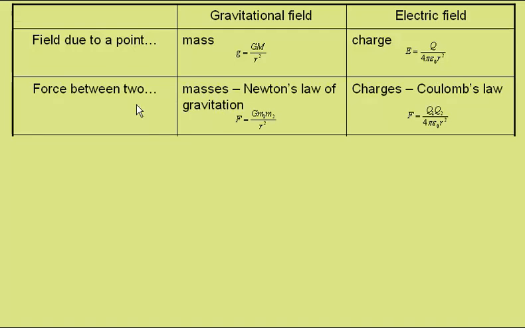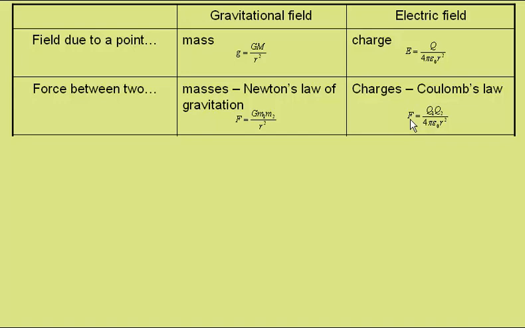Next, the force between two masses, which is given by Newton's universal law of gravitation. The force F in newtons is given by the gravitational constant multiplied by the product of the two masses in kilograms divided by the separation of their centre of mass squared. The force between two charges is given by Coulomb's law.